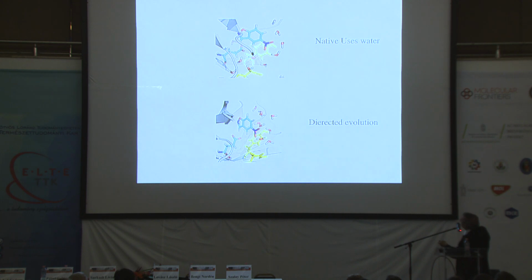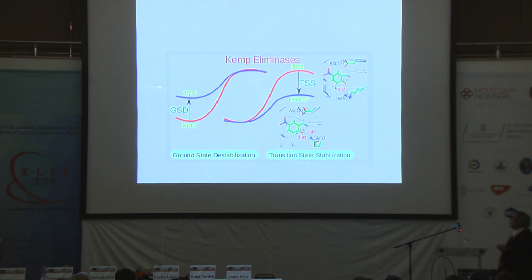Here, during the reaction, it does something which I keep teaching should never happen. It destabilizes the ground state. No enzymes that we know work by destabilizing the ground state, yet directed evolution does it. So it was very annoying.